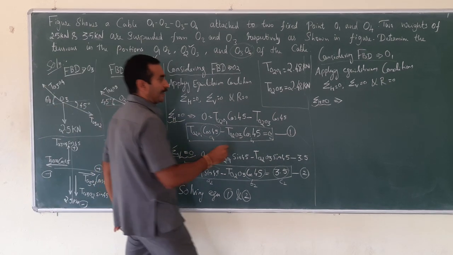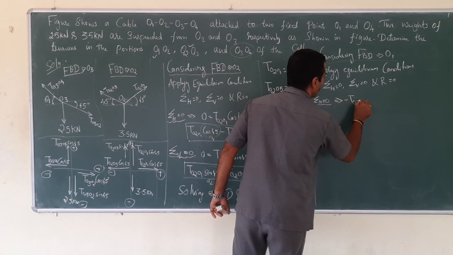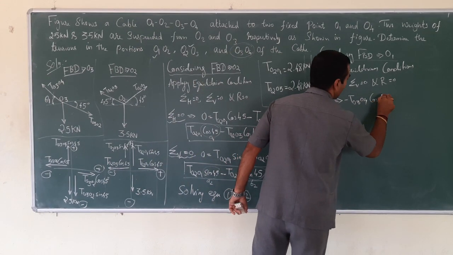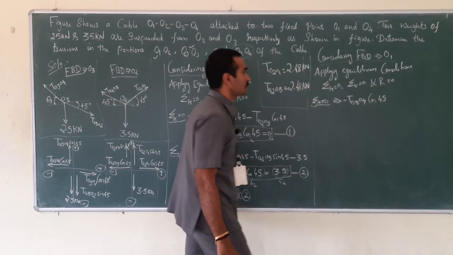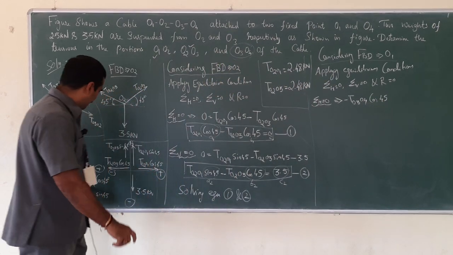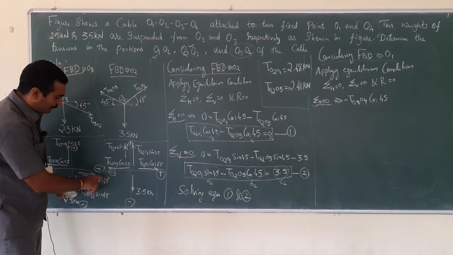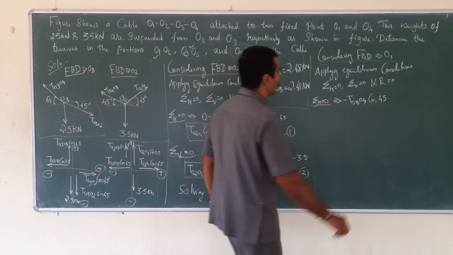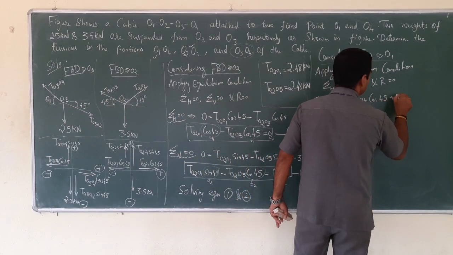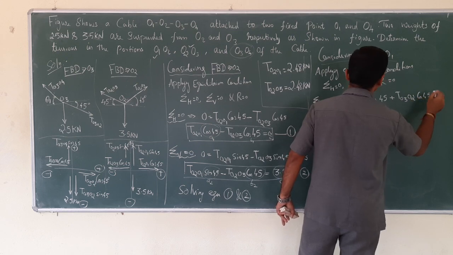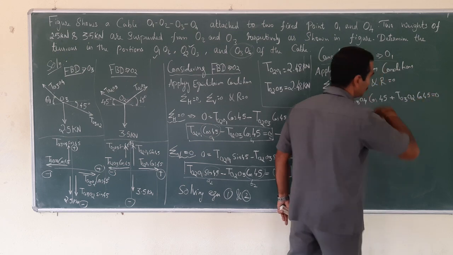That magnitude is minus TO3O4 cos 45, right? And one more force which is acting in the fourth quadrant, in the positive direction, TO3O2 cos 45, equal to 0.